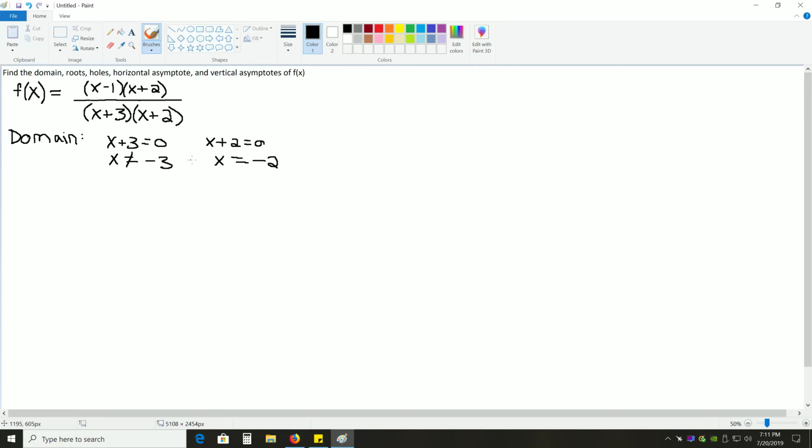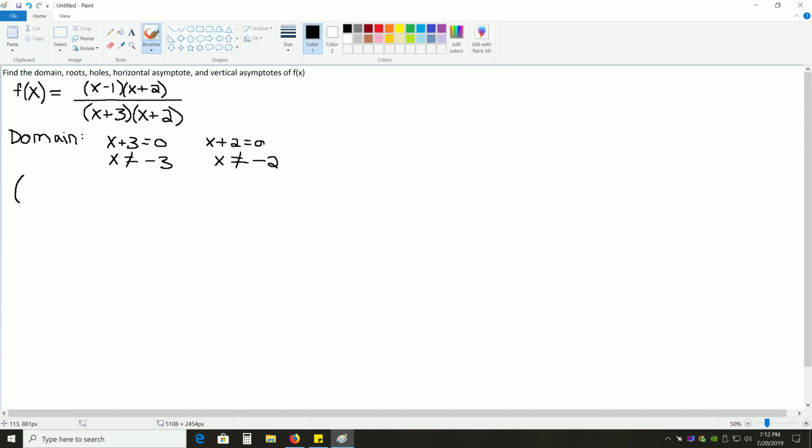Which means x cannot equal negative 3 and it cannot equal negative 2. Both of these values would cause division by 0 in the original function, which is impossible. So our domain is all real numbers except negative 3 and negative 2.